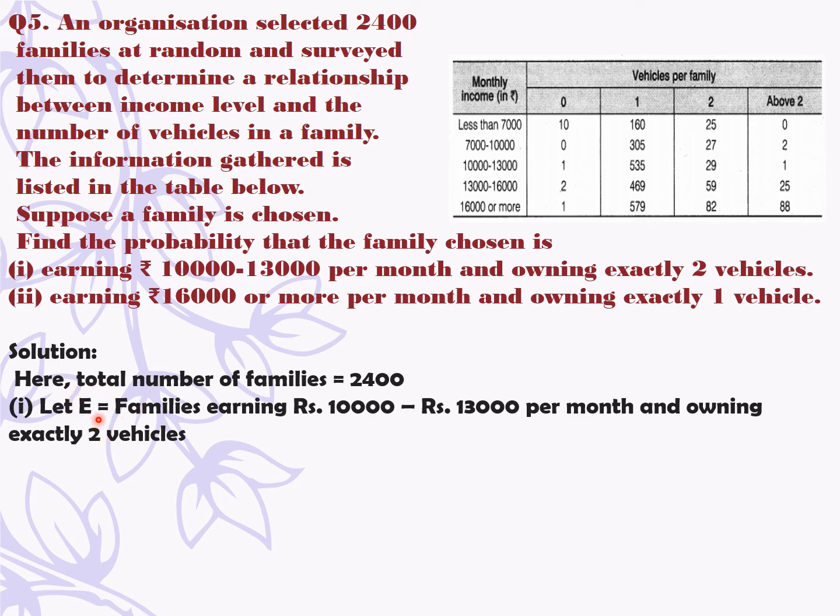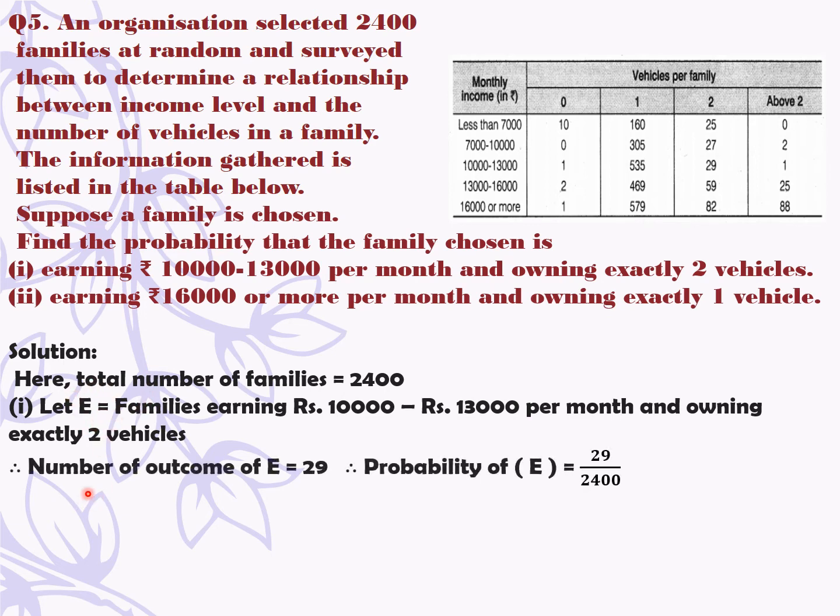Let this be the event and we mark it as E. Therefore, the number of favorable outcomes for this event E will be how much? So 10,000 to 13,000 right here, and they will own exactly 2 vehicles. That is right here, exactly 2 vehicles, and 10,000 to 13,000 will be 29. Hence the number of outcomes for this event E will be 29.